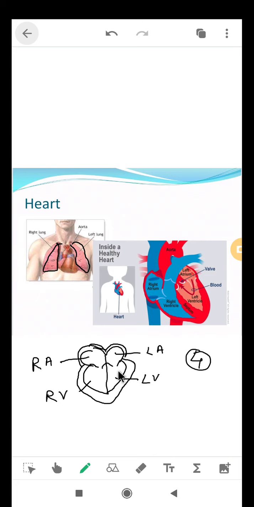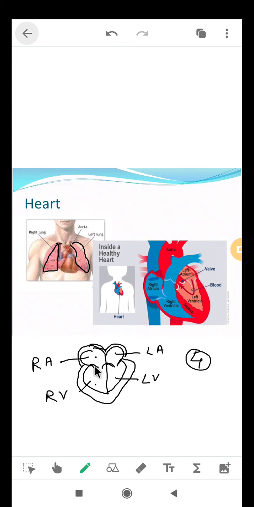Any problem? So here it is the heart, and here a valve is present in between auricle and ventricle. Here the valve is present in between the right atrium and the right ventricle.